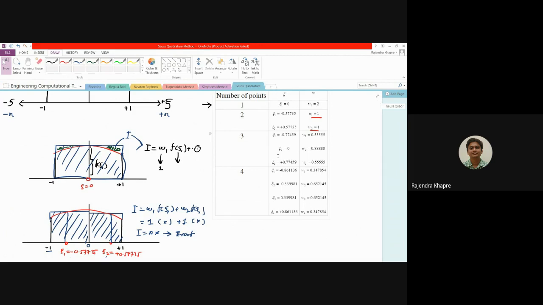In your notes, I have given only 4 integration points, but there are solutions for 5, 6, and even 7 integration points, readily available. Please refer to them and try to get the solution using the Gauss Quadrature method.